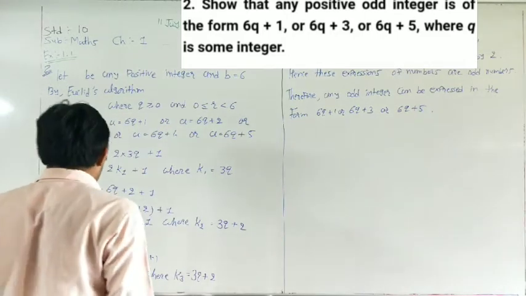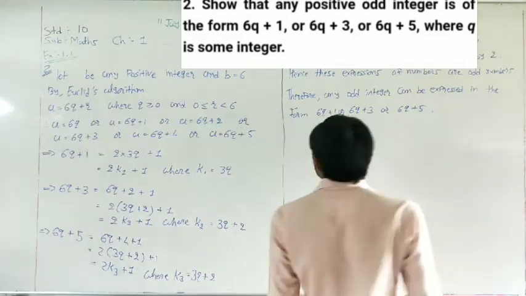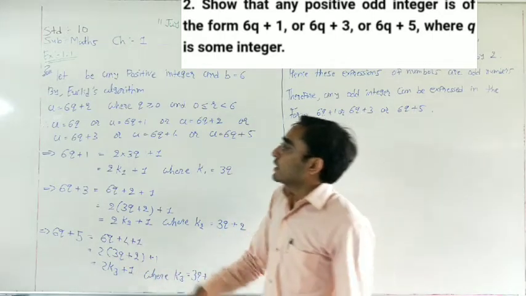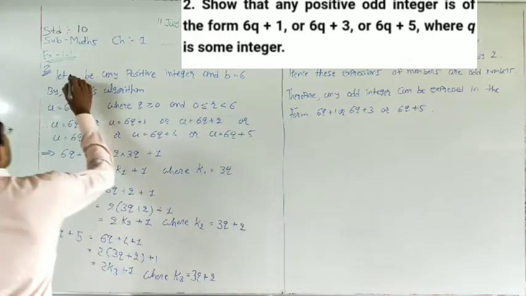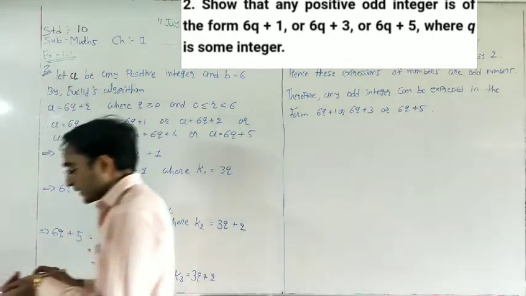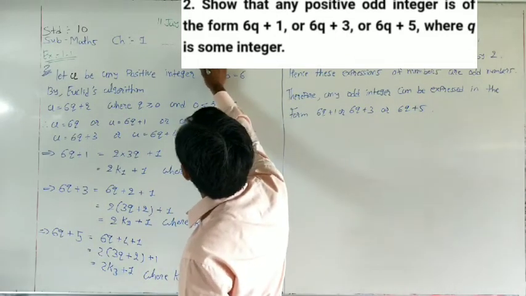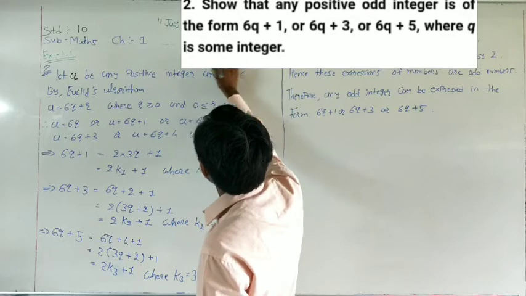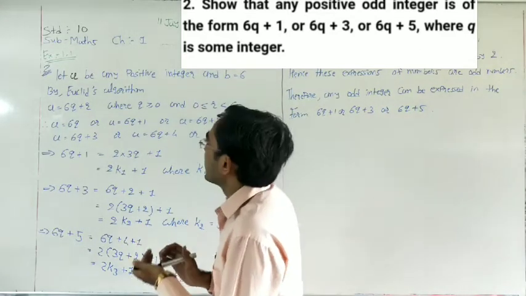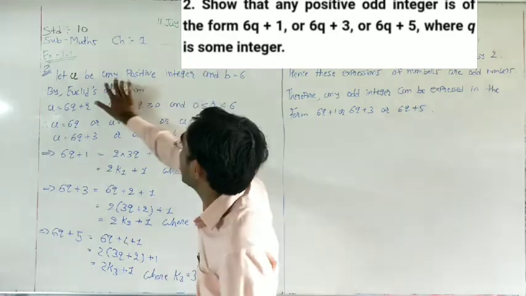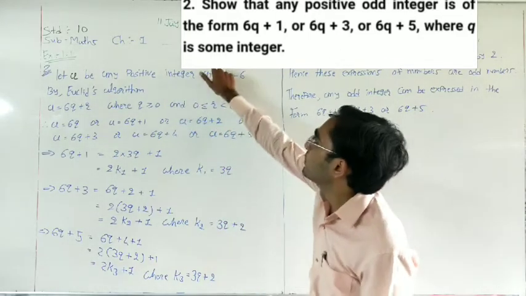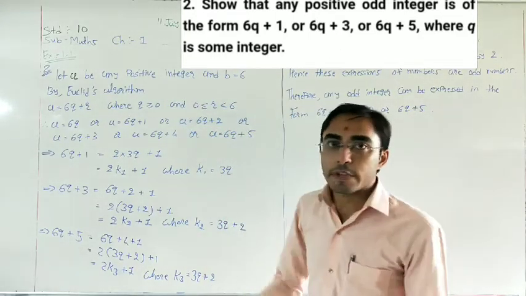Okay, so first of all, let a be, that means our original formula a is equal to bq plus r, right? So there is one a. Assume a is any positive integer and b is equal to 6.